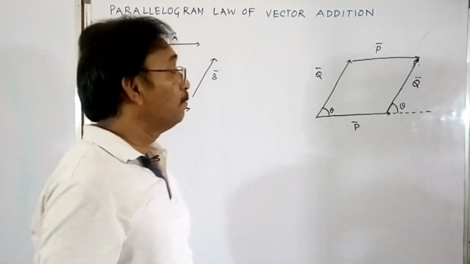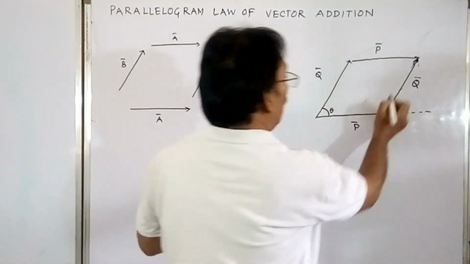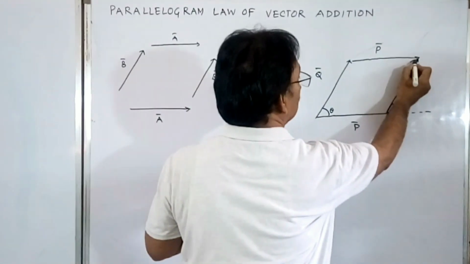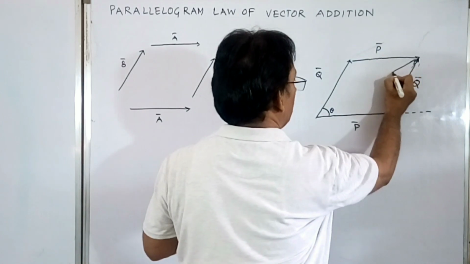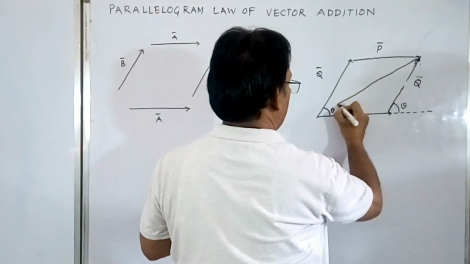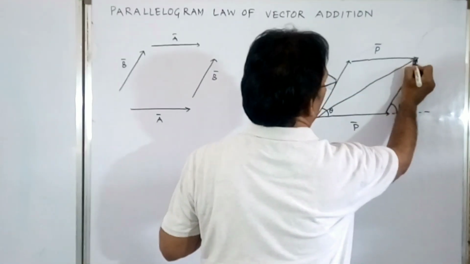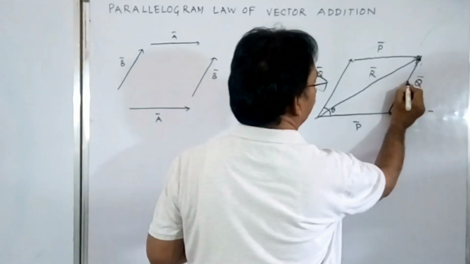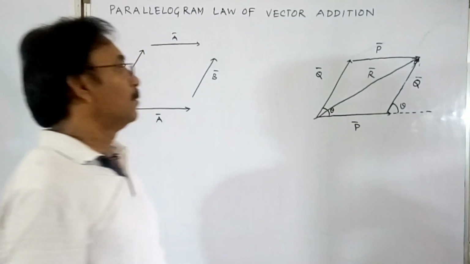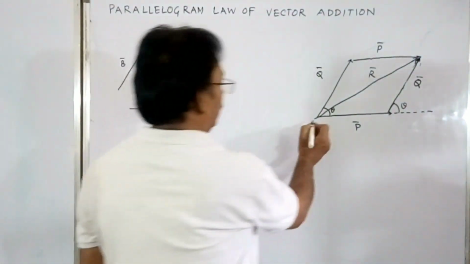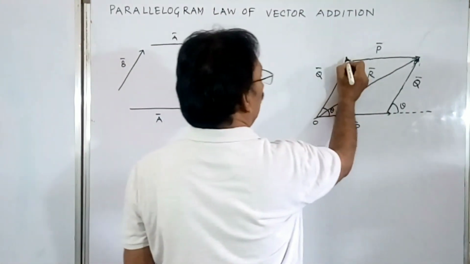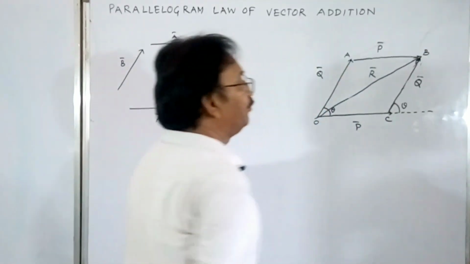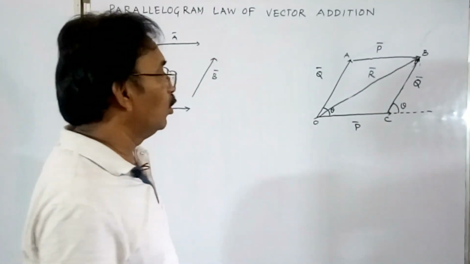Now say, I am joining the heads as well as the tails, and I got a vector. Say this vector is r bar, and say the parallelogram is OABC. OABC is a parallelogram.